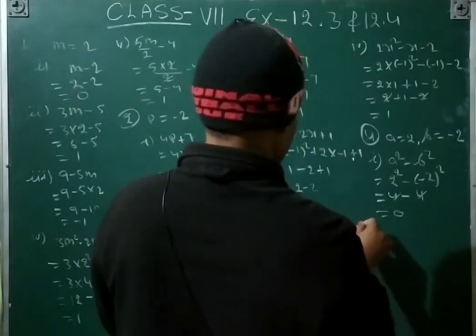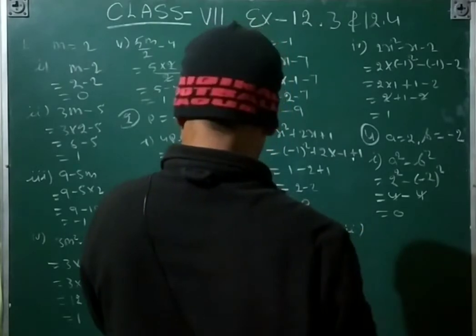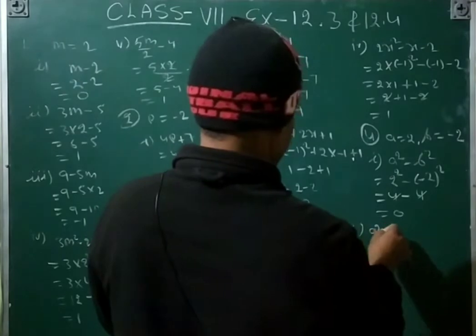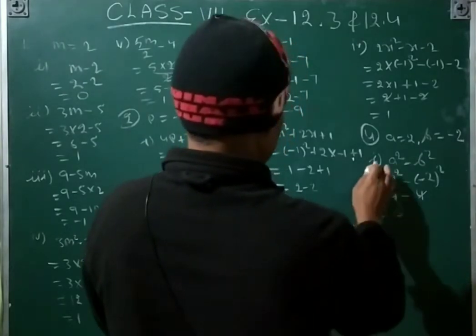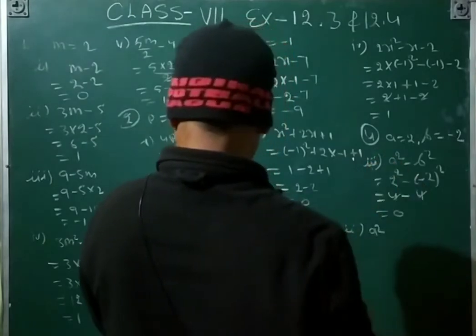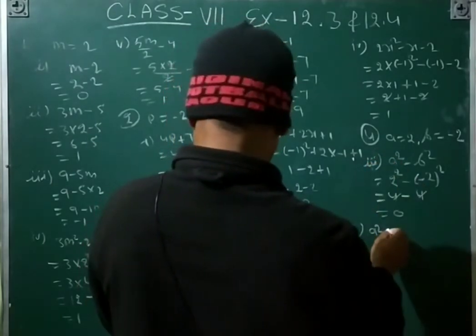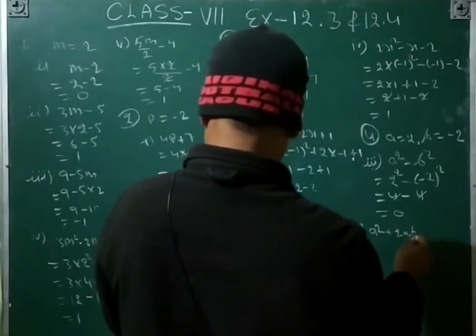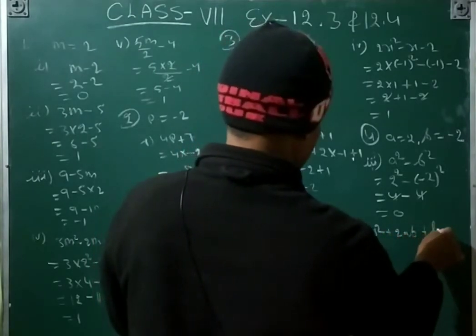Second part: a square plus 2ab plus b square.